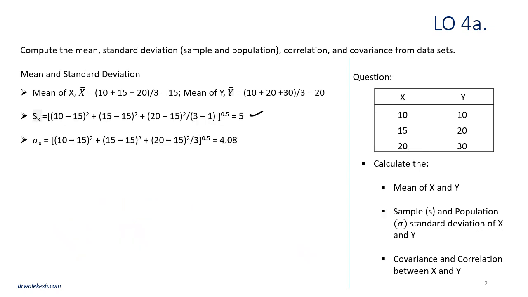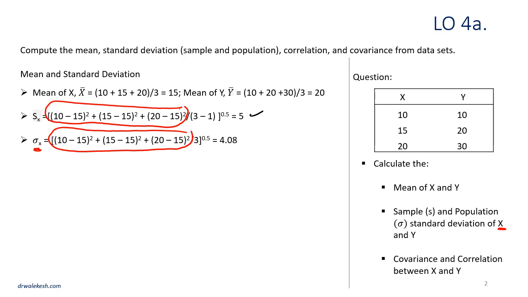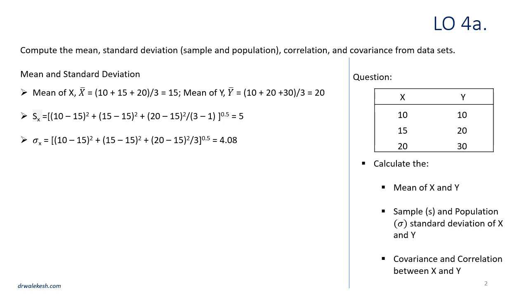Moving on to population standard deviation of x, it's the whole of what we have here. But the major difference is now, instead of dividing by 2, we will divide by 3. Then we can go ahead to find the square root.